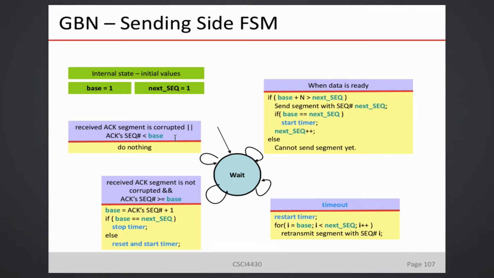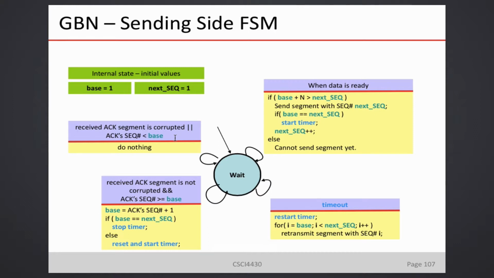Now, it means that any one of the packets that was sent will trigger the reset and restart of the timer. That means every acknowledgement is very interesting. Whenever I send one packet, I start the timer. I send another packet, I won't reset the timer.